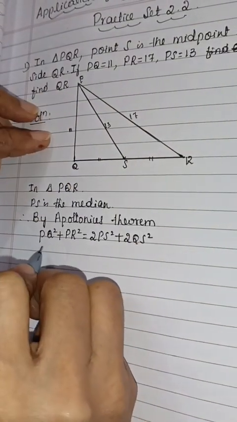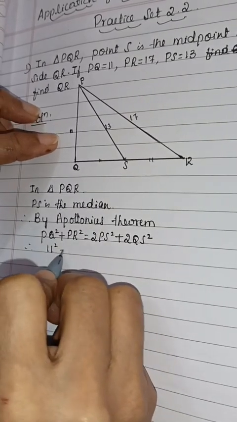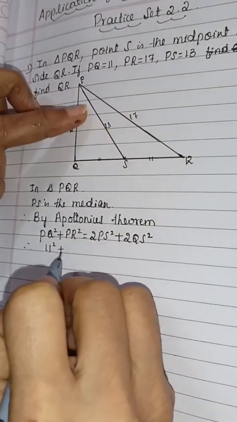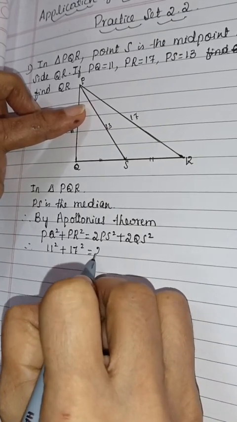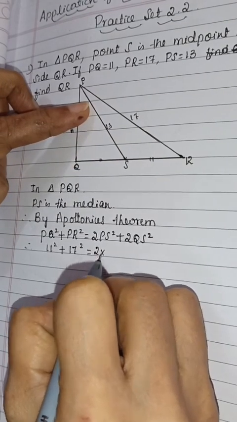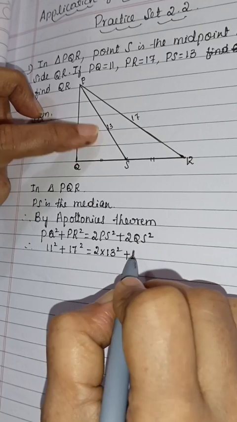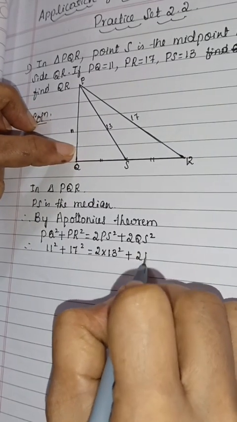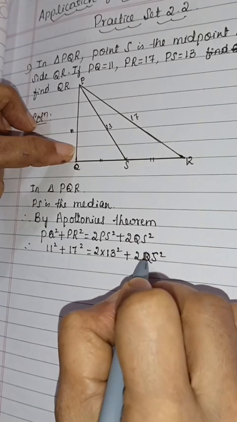Okay, now substitute its values. PQ is 11, so 11 square plus PR square is 17 square equal to 2 PS square, 2 into PS is 13 square, plus 2 QS square, which we have to find out.